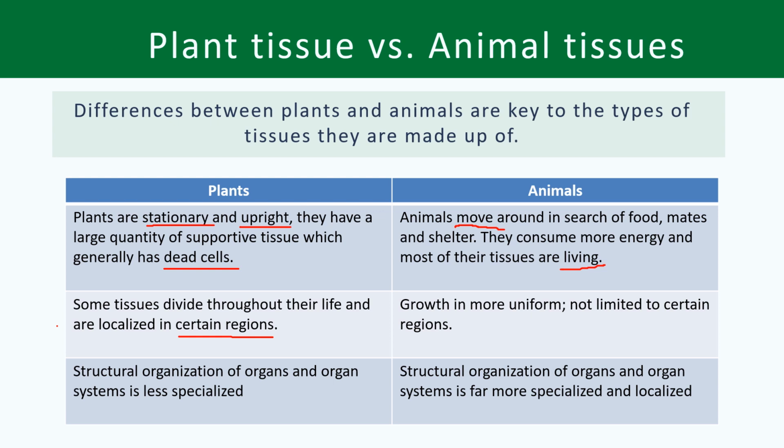Only limited localized regions are growing throughout the lifespan. In animals, growth is more uniform and it is not limited to certain locations. Another difference is that the structural organization of organs and organ systems is less specialized in plants, while in animals it is more specialized.